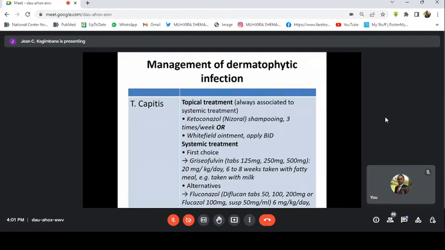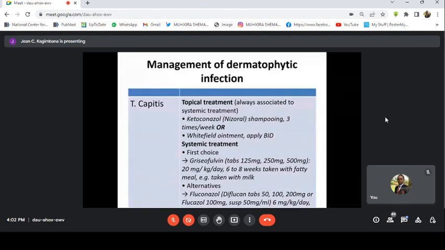Now, treatment. Topical treatment is always associated with systemic treatment because many doctors fail to treat tinea capitis while it's prevalent in all rural areas, even in cities. The treatment is simple. Use griseofulvin. It's cheap and affordable.